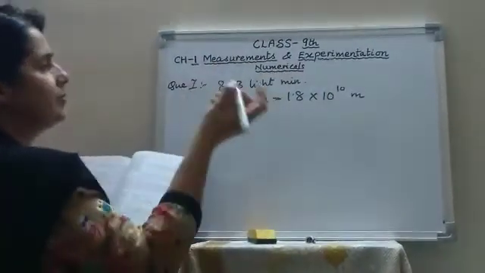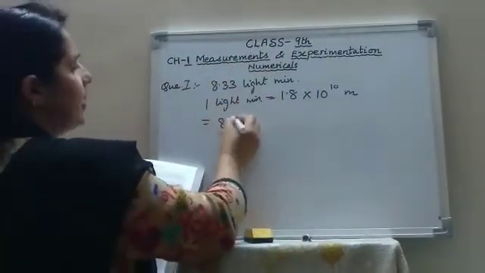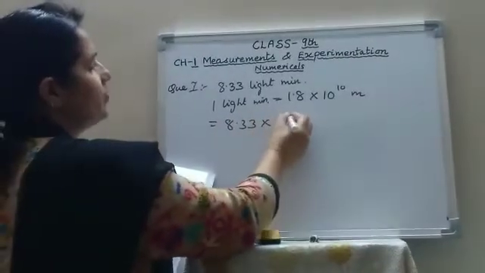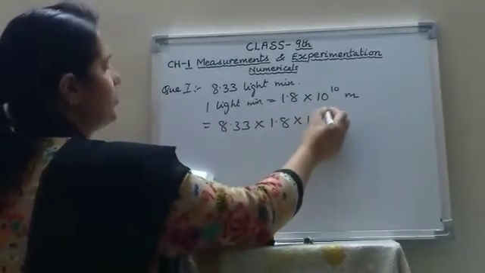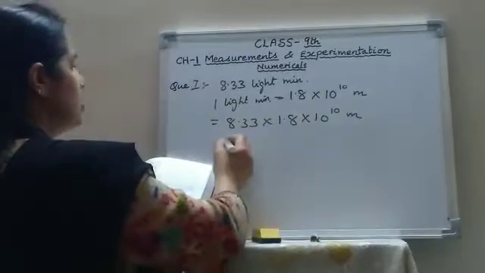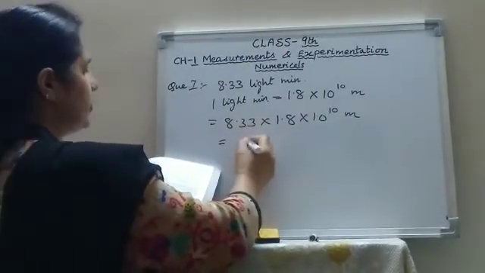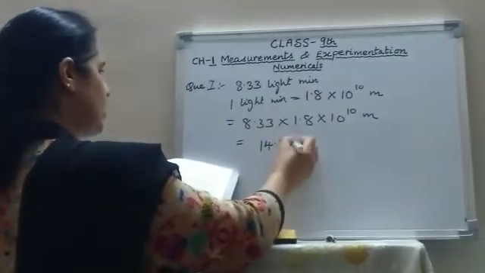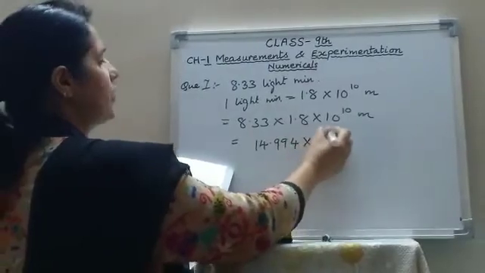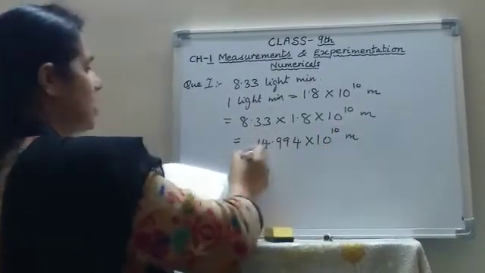So converting light minutes into meter, you just multiply by 1.8 into 10 to the power 10 meter. So when you will multiply this, you will get 14.994 into 10 to the power 10 meter.